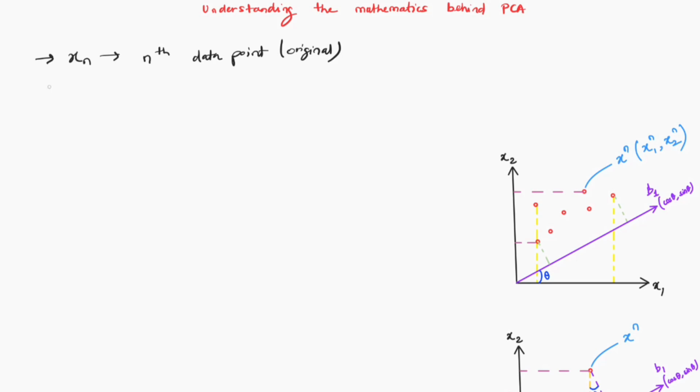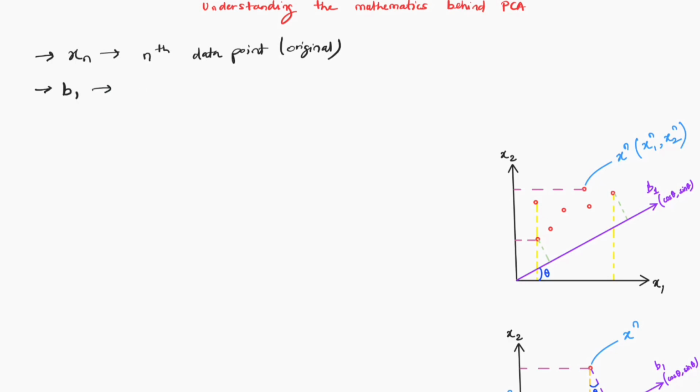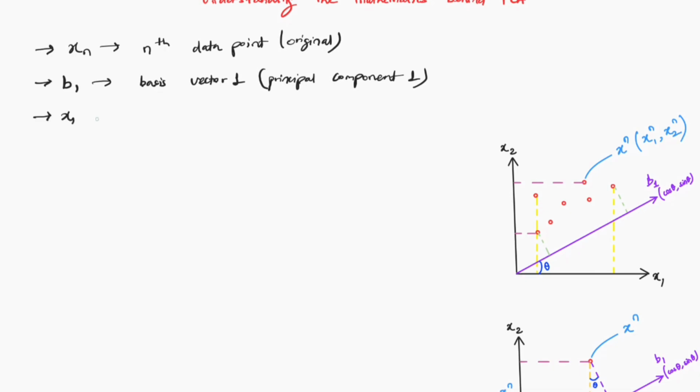And this b1 is the basis vector 1, principal component 1. So yeah, these are the only naming conventions we have. These x1 and x2 are the dimensions of original data.